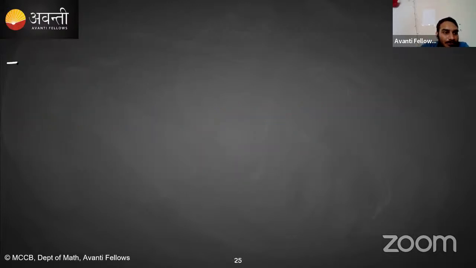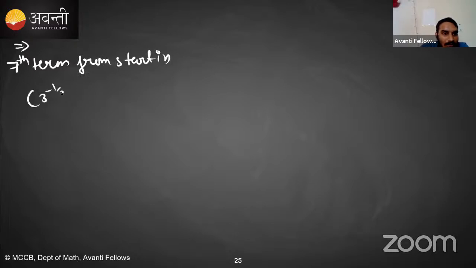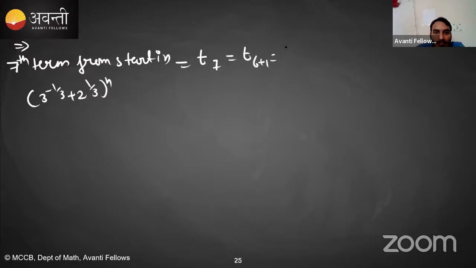So the seventh term from the start in (3^(-1/3) + 2^(1/3))^n, let's call it small t7, which can be written as t(6+1), which is nothing but nC6 (3^(-1/3))^(n-6) (2^(1/3))^6. Sorry, it is 6.